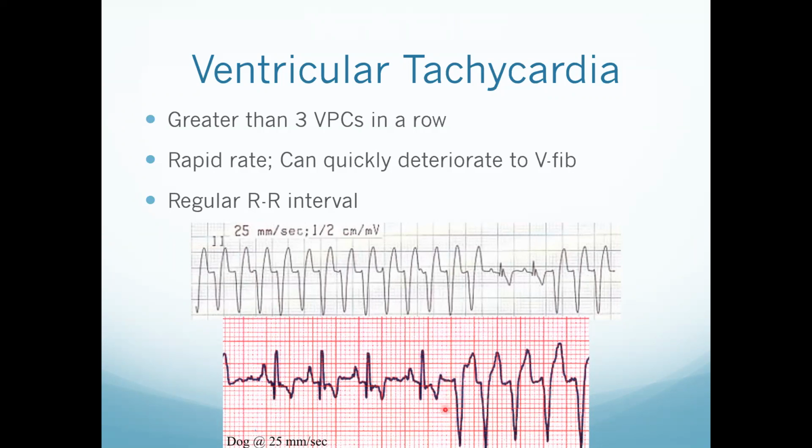So in these examples, these are negative QRS complexes. So these are going to be very characteristic of dogs with DCM, like a Doberman Pinscher or something like that. If it was a boxer with ARVC, then we would expect these complexes to be positive in lead 2. So they would still be wide-bizarre, but they would simply have a different polarity.